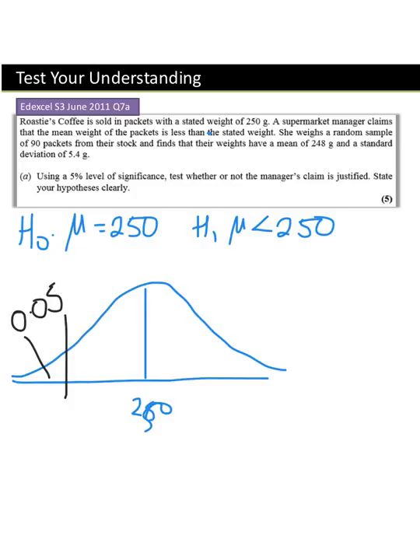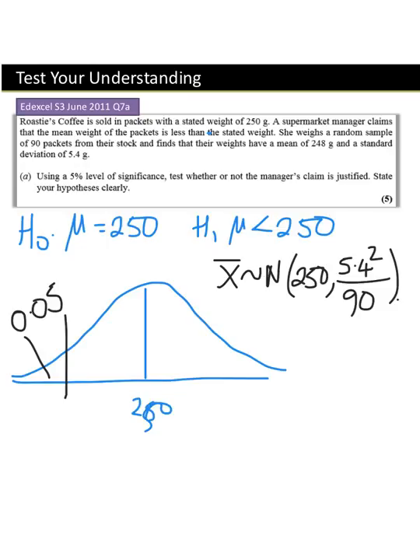Okay, and so we need to work out what that critical value is. So she then takes a random sample of 90 packets and finds their weight. So we've got a random sample. The mean of that random sample is going to be 250, and the standard deviation is going to be 5.4, so inside we'll have 5.4 squared over n, which is 90.